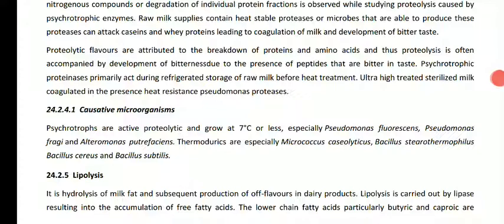This group includes Pseudomonas fluorescens, Pseudomonas fragi, Alteromonas putrefaciens, then thermodurics, especially Micrococcus caseolyticus, Bacillus stearothermophilus, Bacillus cereus, and Bacillus subtilis. All these are microorganisms that bring about breakdown of protein, and that process is known as proteolysis.